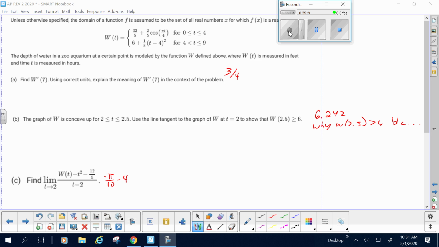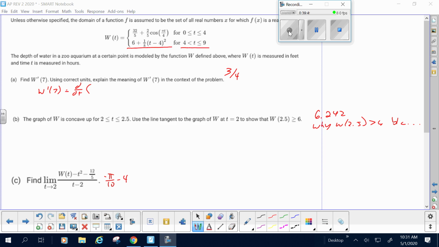If you had 3/4 for part A, then feel free to fast forward to part B. If you didn't, then let's get out the red pen and make corrections. All right, so W prime at 7 is going to be the derivative of the branch that involves 7, so that's this one.